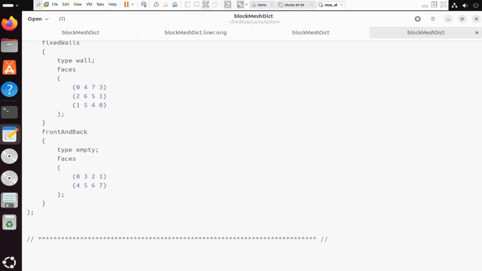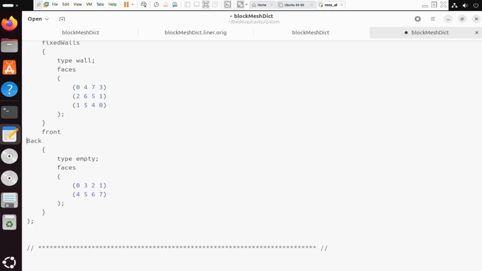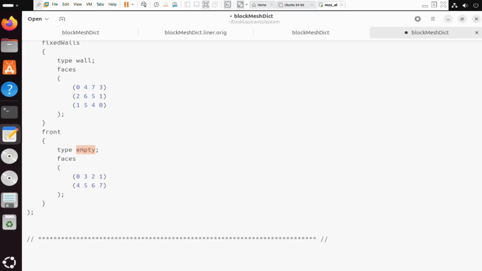Front and back could be deleted, or just make them the run type. We use, for this, the most important part for the boundaries, for the surfaces that are going to rotate, the wedge type. You write wedge for the front.